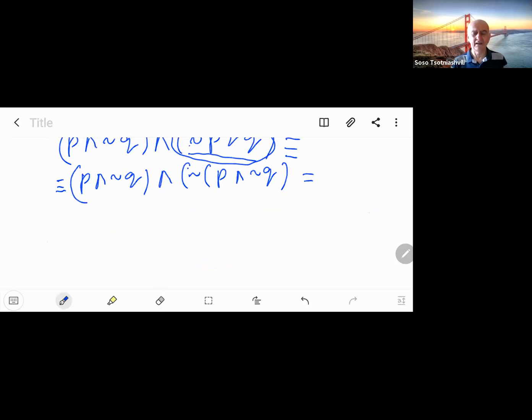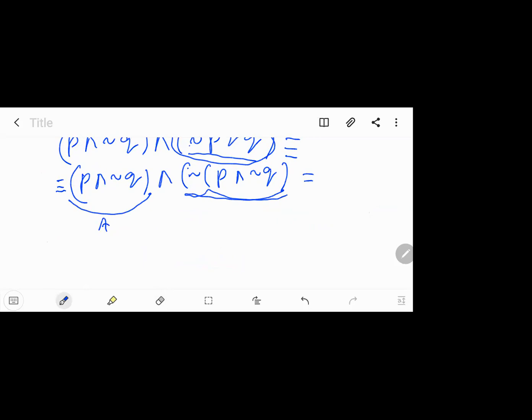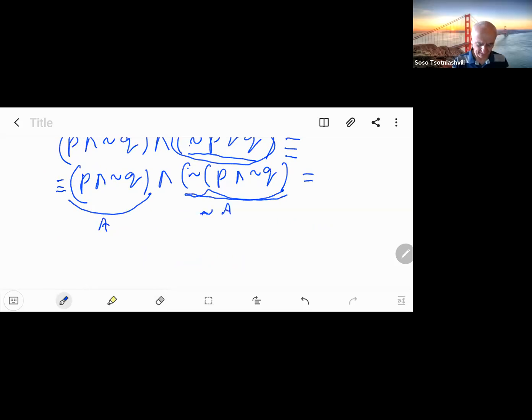Equals. Any idea what it is? Now pay attention. If I imagine this part as A, what will this expression be? Not A. Absolutely, not A. So what is this expression?